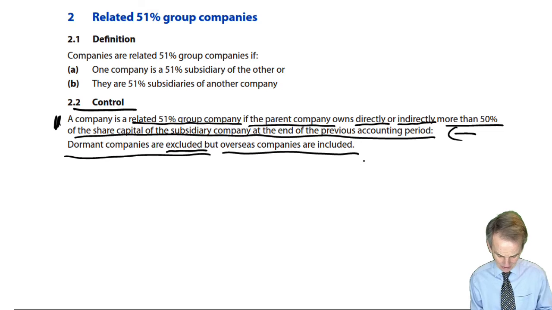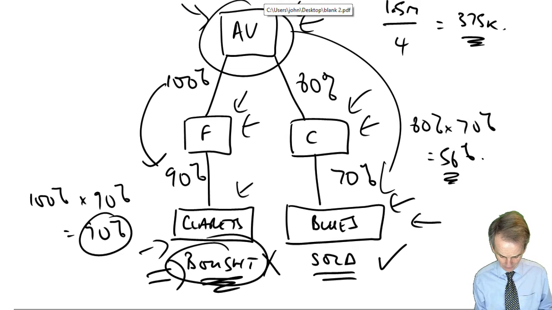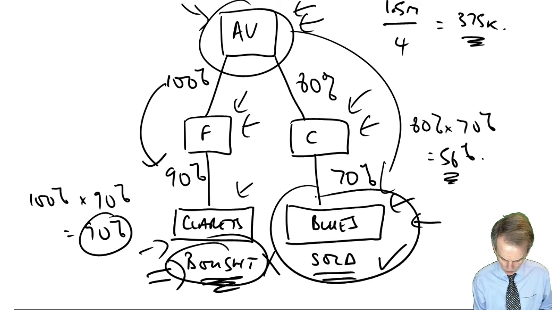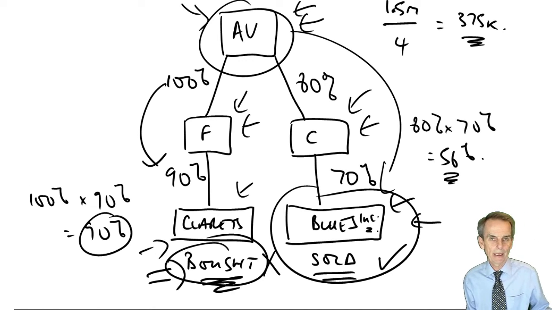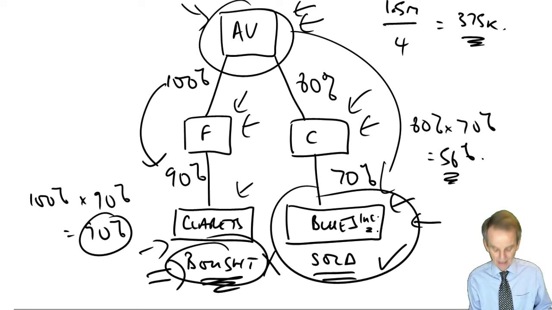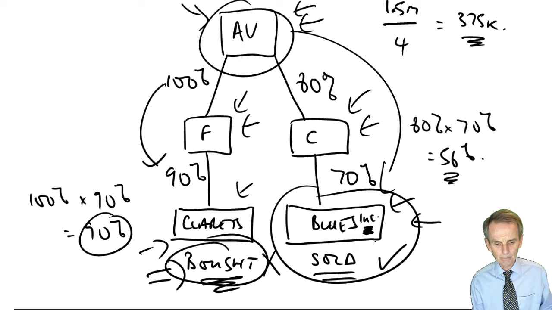So if we had an overseas company being included, just going back to this for example, if Blues, instead of being Blues Limited, was Blues Inc., for example, a non-UK resident company, then even though it may or may not have been sold during the period, it was a related 51% group company at the end of the previous period. And even though it is non-UK resident, it doesn't matter.